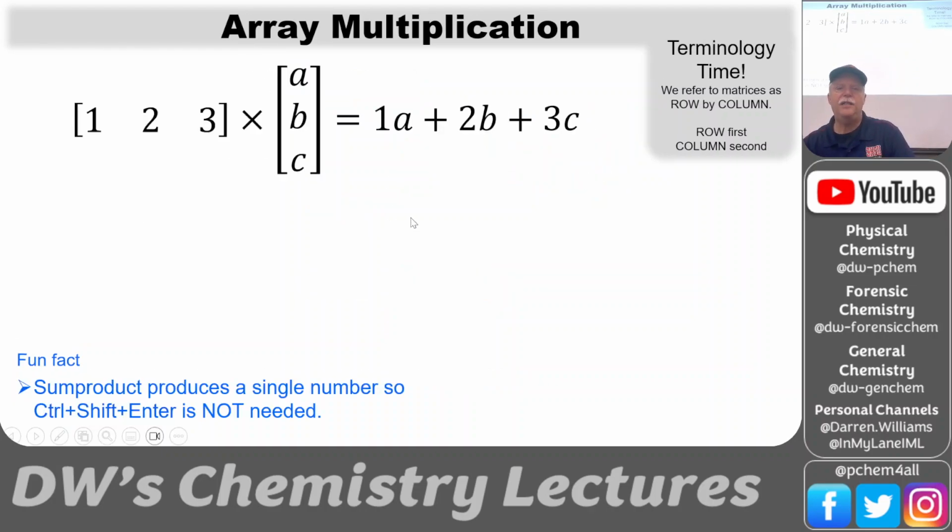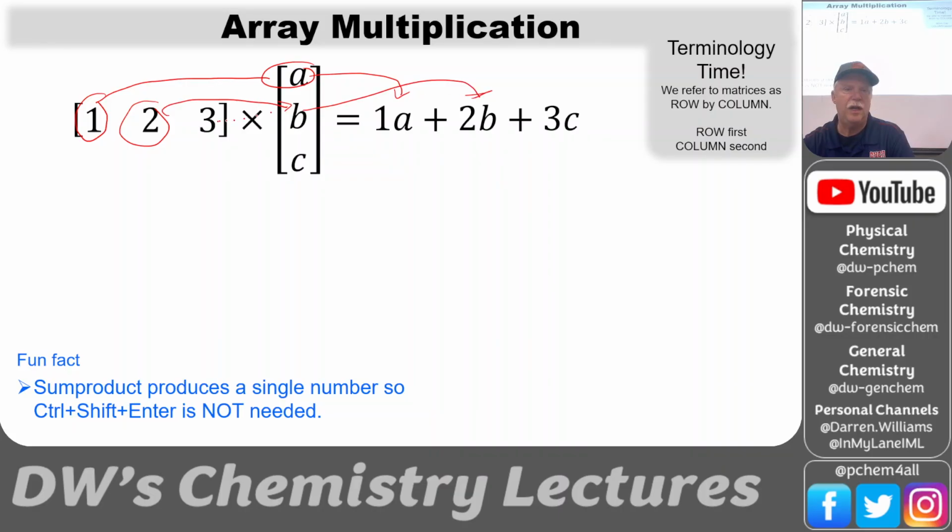So array multiplication. In this case, 1, 2, 3 times ABC, you see that this first column is multiplied by the first row, and it goes here, and it's added to this second value, and it's added to this third value.